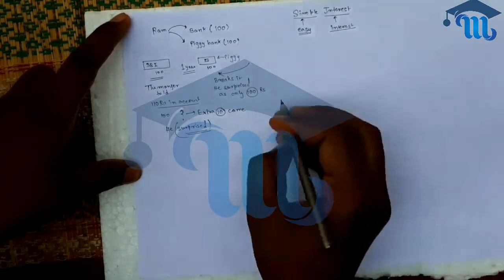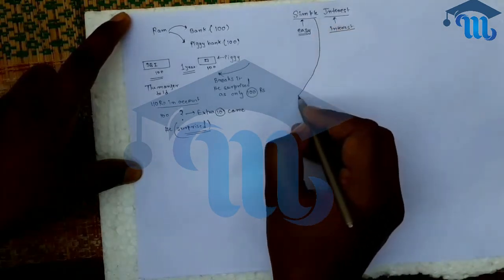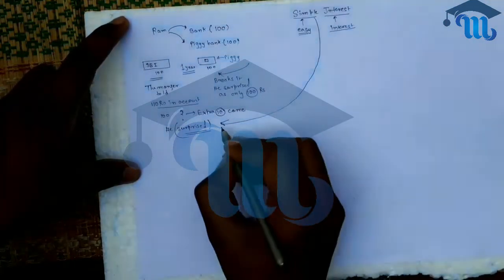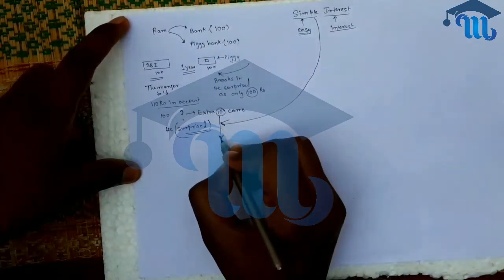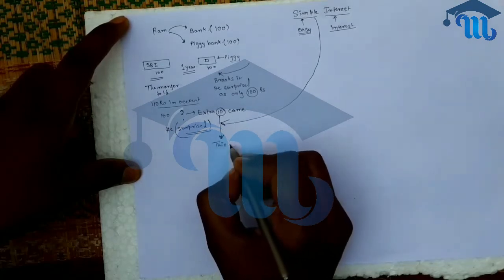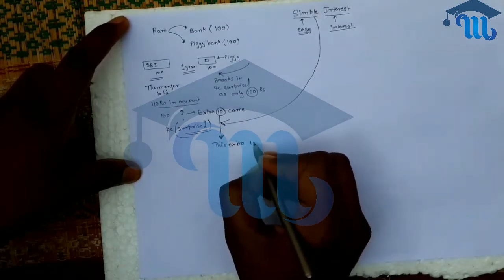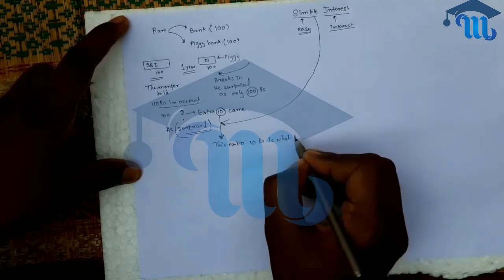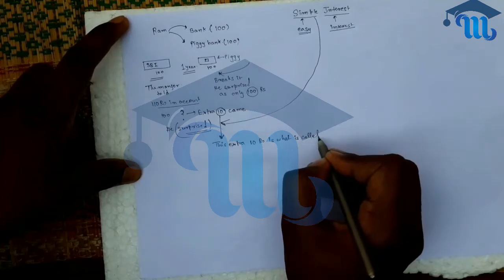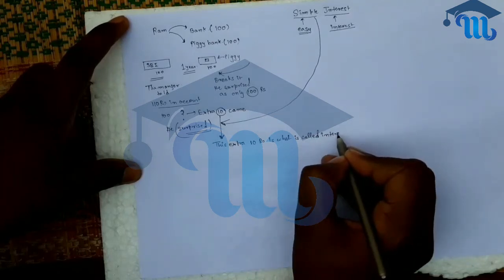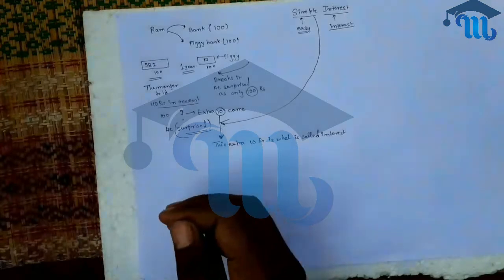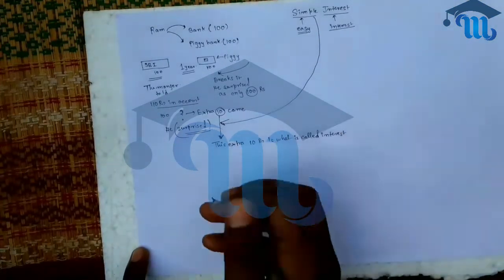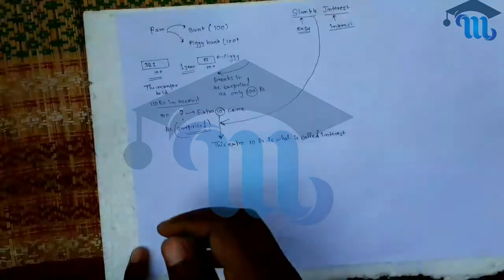Now here comes the concept of simple interest. This extra 10 rupees is what is called interest. And because it is very simple to calculate, which we will learn afterwards, it is called simple interest.